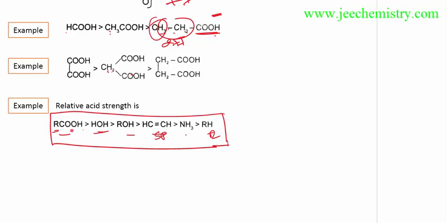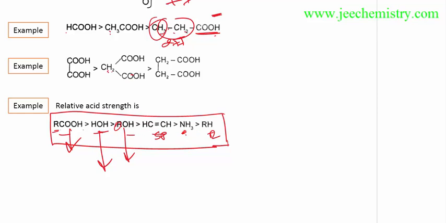This is why it is acidic: there is conjugation. This compound doesn't have any conjugation, but O is more electronegative. The R group is providing a plus effect. It will push electrons towards the conjugate base and destabilize the negative charge. This is sp hybridized, so it will be less acidic than this.